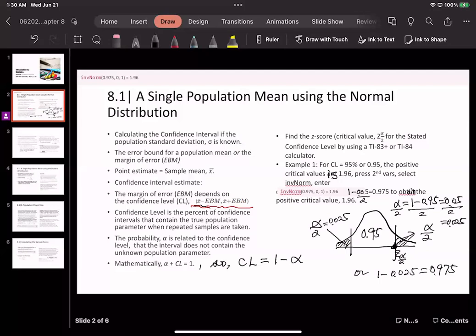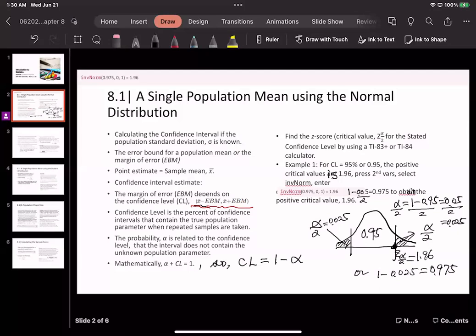That's why we enter the area to the left, 0.975, comma, 0 is the mean, comma, standard deviation 1, standardized to get the Z-score. That will give us the critical value 1.96.